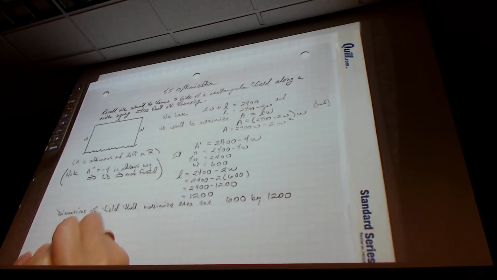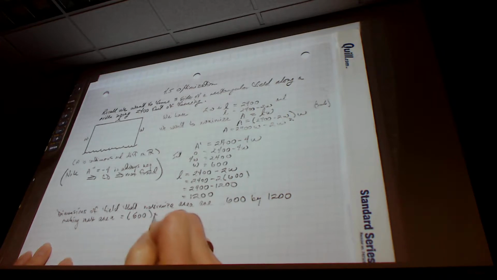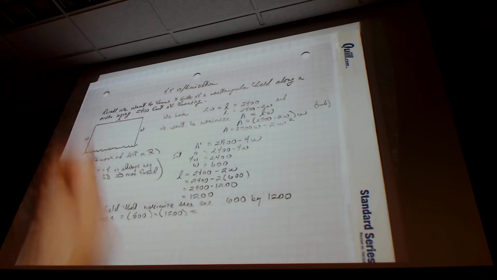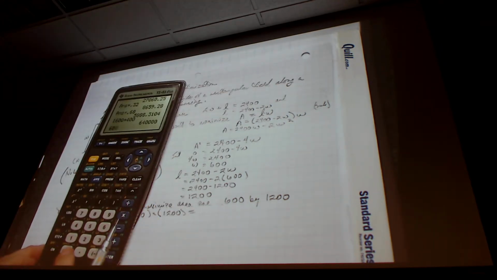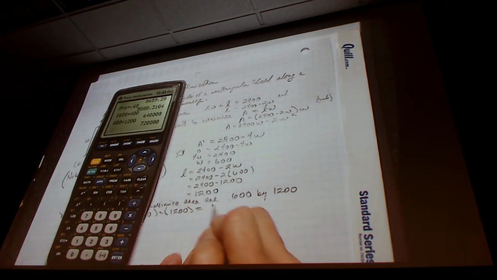Okay, so making the max area equal to 600 by 1,200, so it's 720,000.